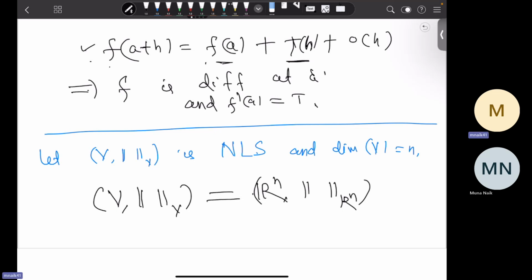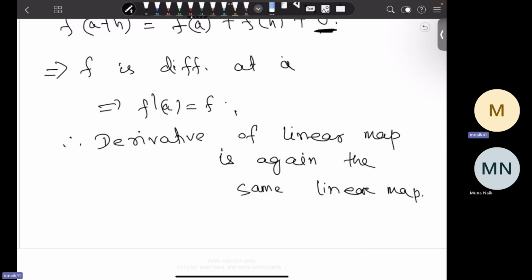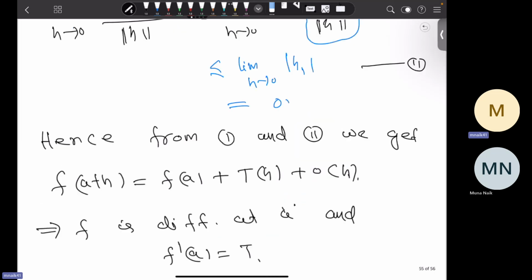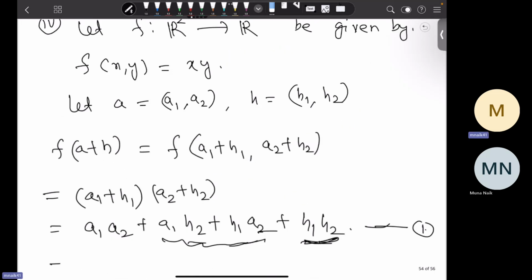Then B under some identification is nothing but Rn with another suitable norm on Rn. So if you have really developed calculus on Rn, then in principle you have developed calculus on any normed linear space whose dimension is finite. So let us go to the next example.